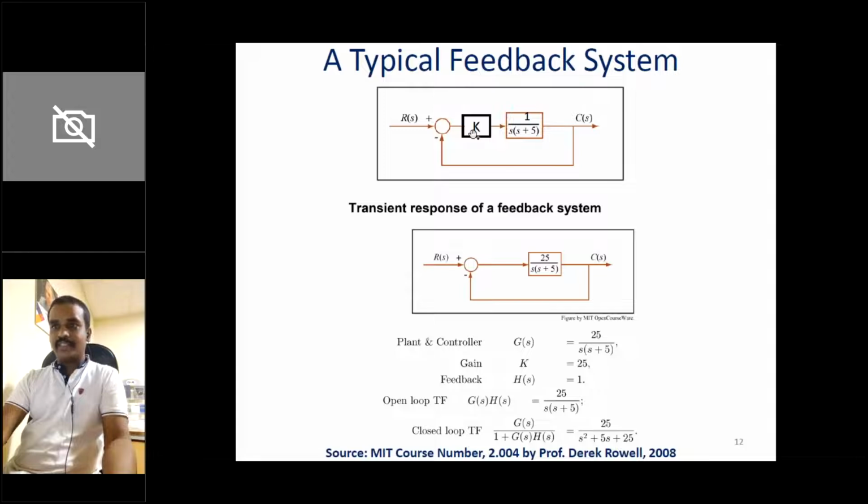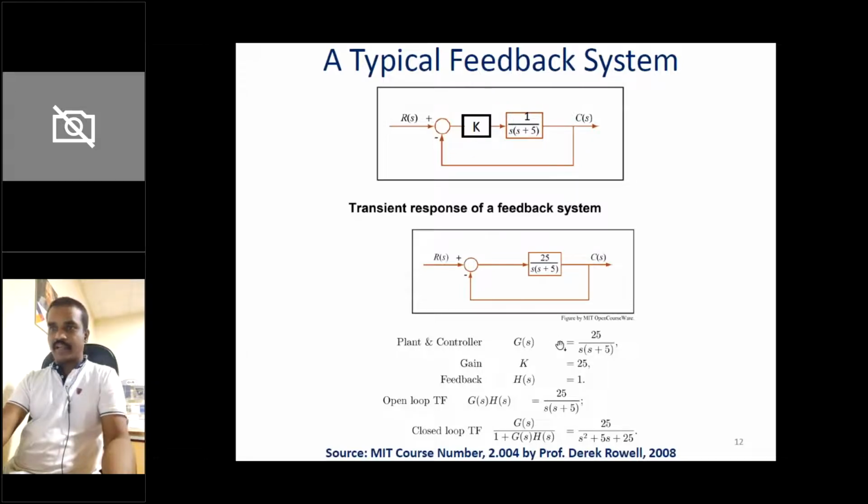For example, I have assumed this K equal to 25. So 25 by s into s plus 5. This is a feedback control. So if I substitute K equal to 25, since these two are cascaded, then it will become like this. So this is the control. And now what I can say is that this combined plant and control G(s) is 25 by s into s plus 5, where K equal to 25.